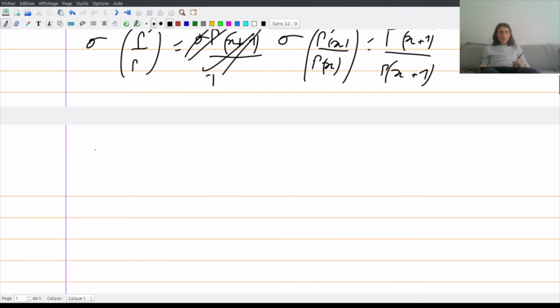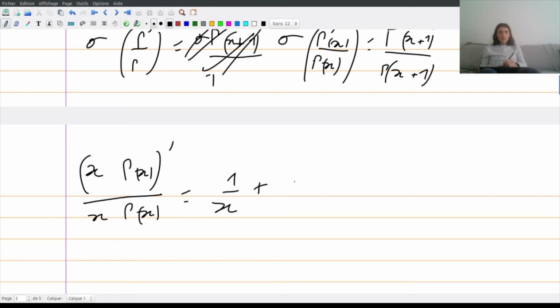And now I use the functional equation. So it's (x gamma(x))' over x gamma(x). And now let me differentiate the numerator. So it's 1 over x plus gamma prime over gamma. So in other words, we proved that you have sigma f equals f plus 1 over x.